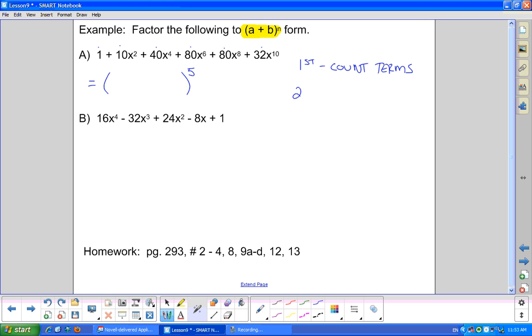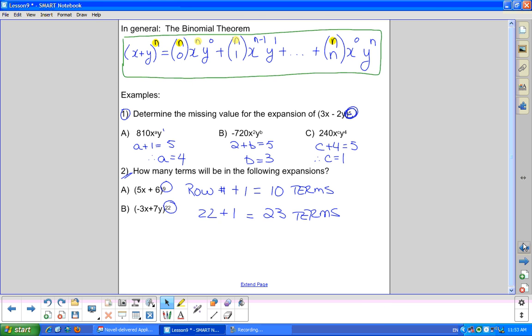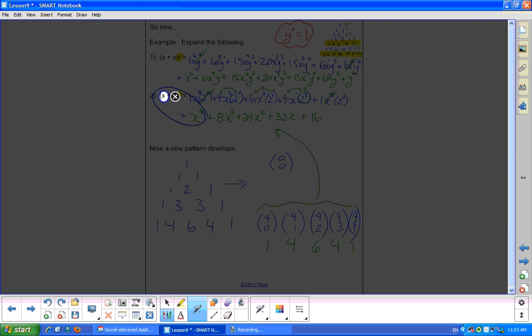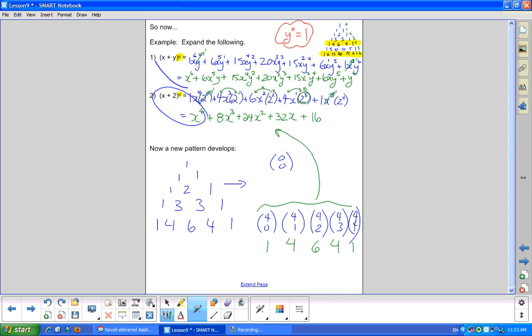Second, we know from the previous note that the first term in the expansion, so if we look at x to the 4th, it started with the first term here, x. Similarly, x to the 6th comes with x to the exponent 6. So we know that's going to be that first term to the original exponent.